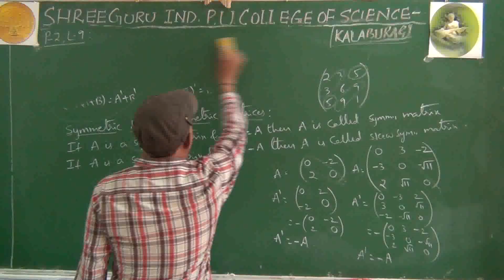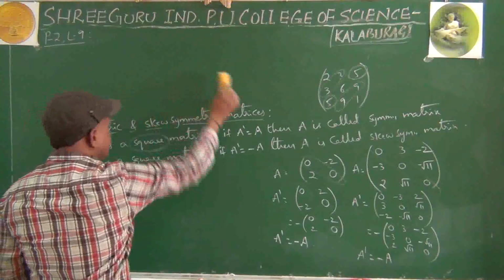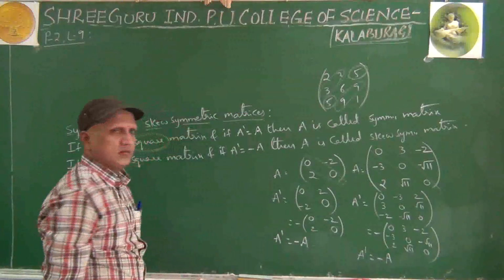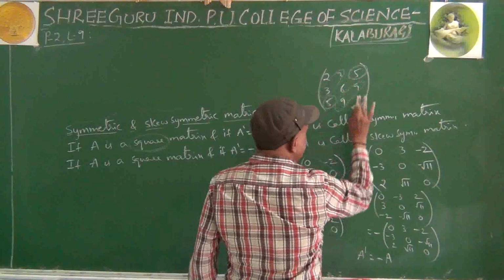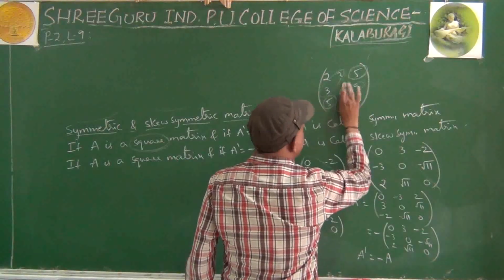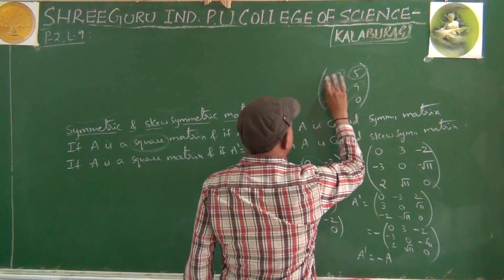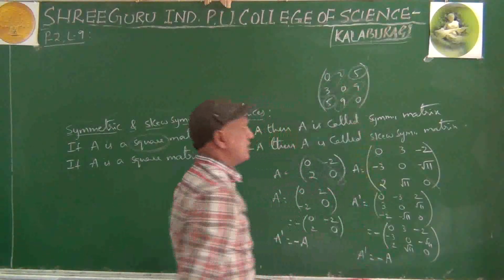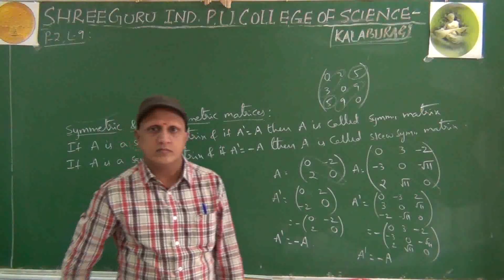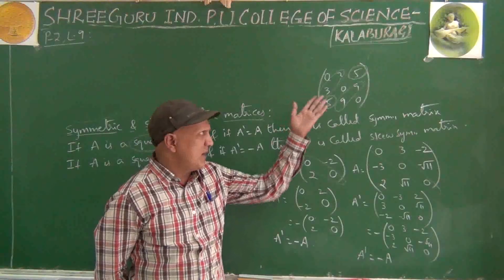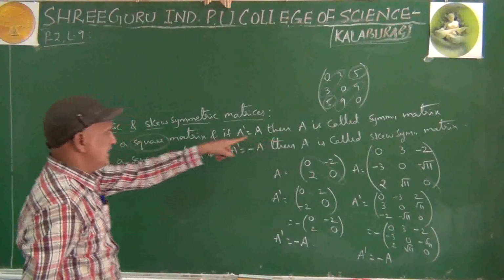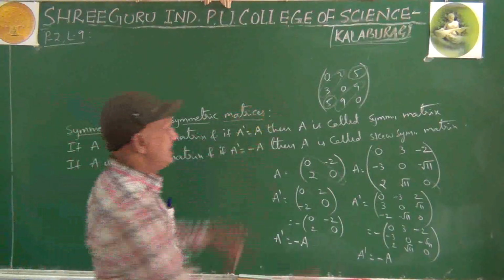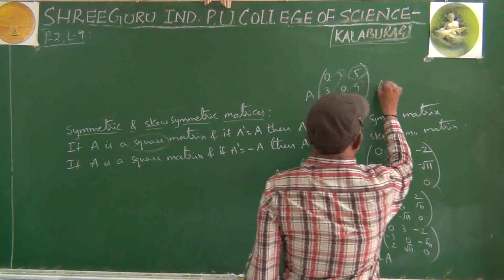Sir, in a symmetric matrix, if diagonal elements are 0, what will happen? Let us see. Nothing will happen. It will become a symmetric matrix only. See, what is the condition? Symmetric matrix means A dash equal to A. This is A. You find out A dash.